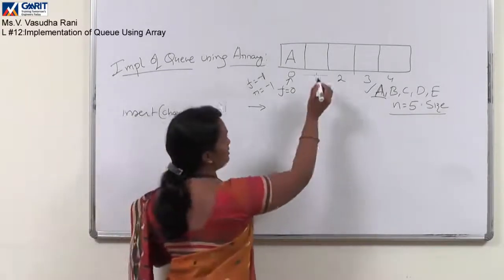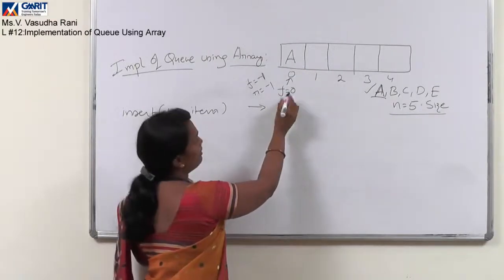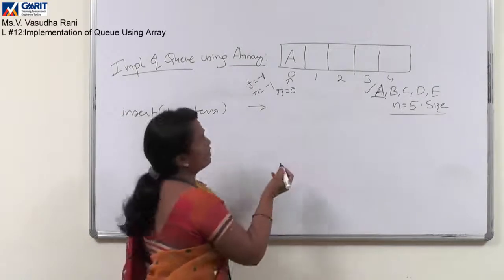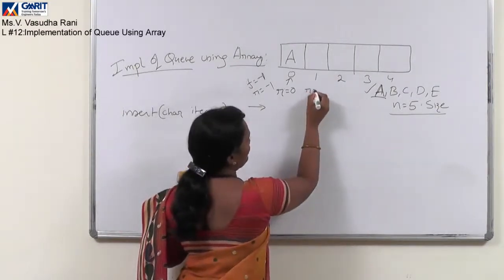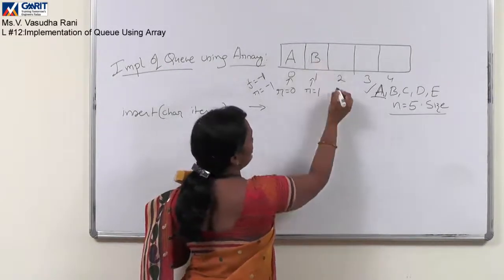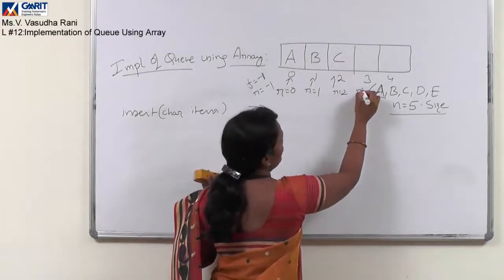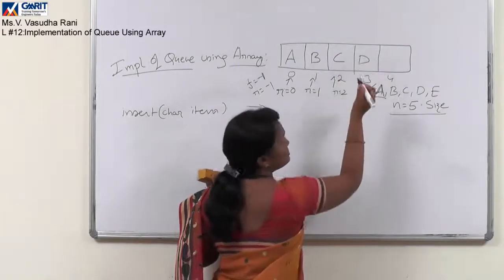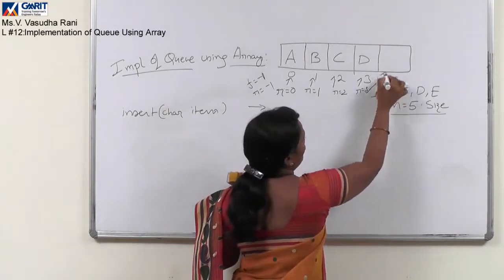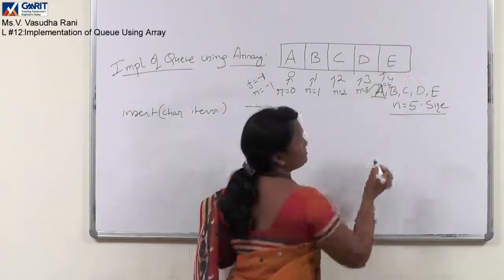So when can we say that the queue is full? If the first element is inserted, rear is 0, and for the second element rear is made 1 and it refers to this location, and B is inserted here. Like that, rear is 2 and C is inserted, rear is 3 and D is inserted, and finally rear is 4 and the fourth location E is inserted here.